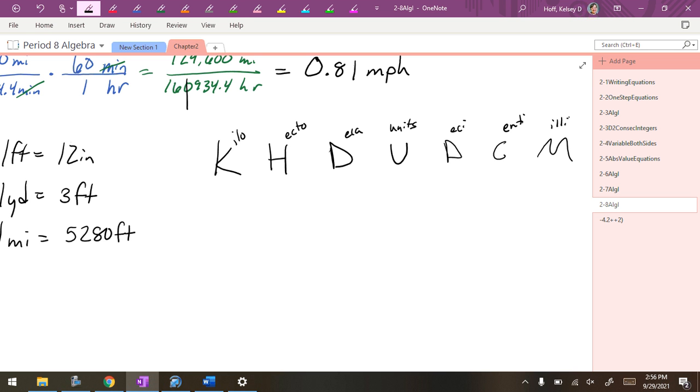See if you guys can do this. I want you to tell me the connection between liters and milliliters.